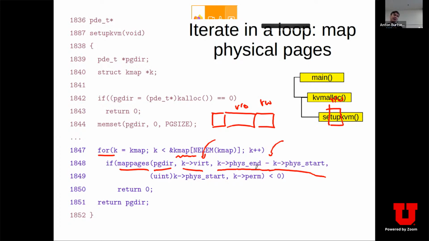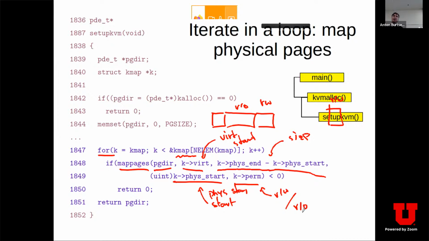We're just subtracting physical address from physical, oh, sorry, this is the size, right? And we will take the physical region start. So this was virtual start. This is physical start. And these permissions are the flags, like read-write or maybe read-only, stuff like that, right?